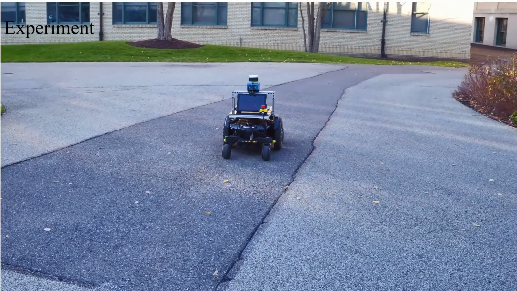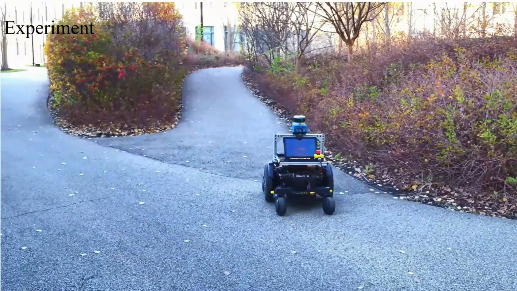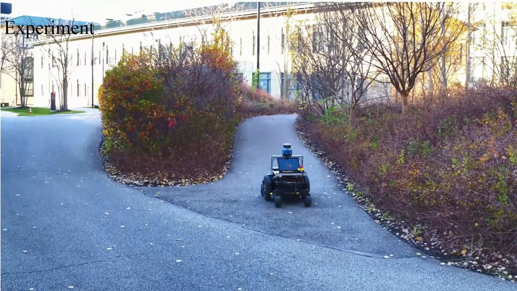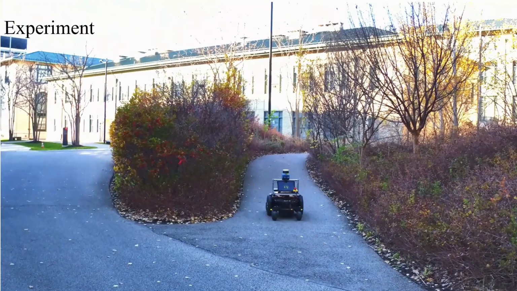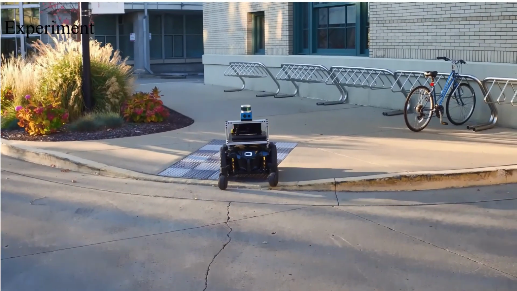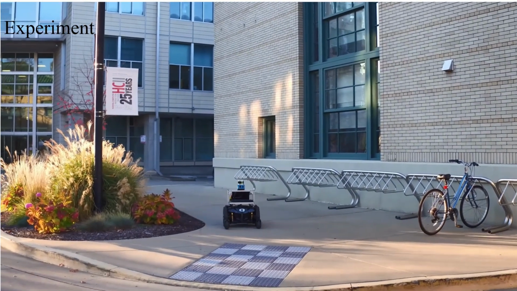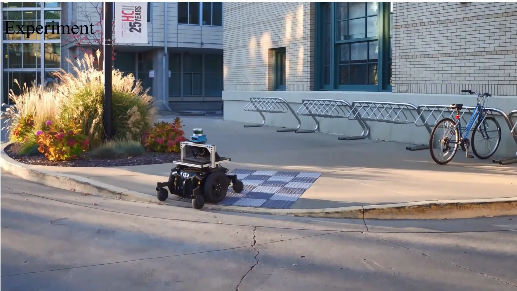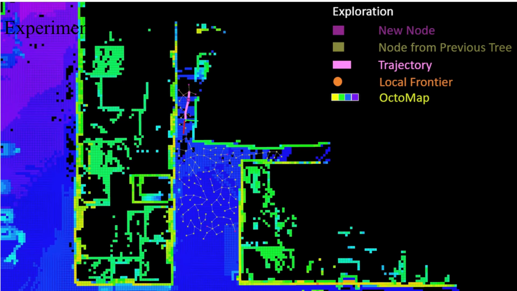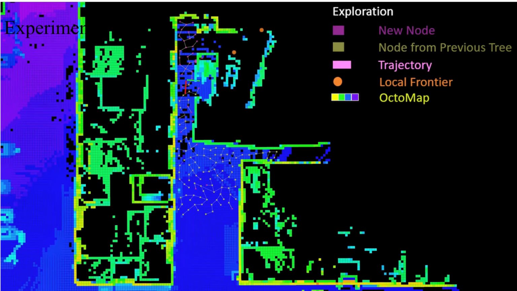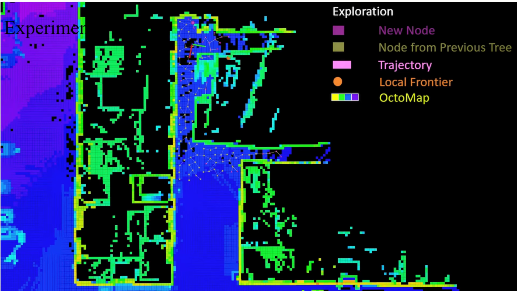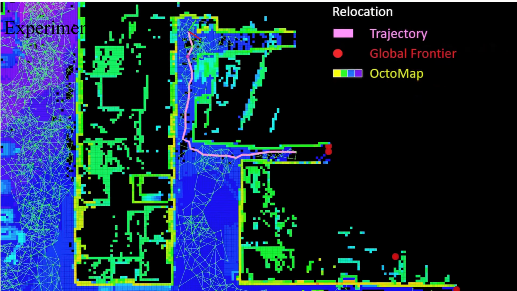Here is a video of our experiment. Here we show the switch between exploration stage and relocation stage, when there is no local frontiers in exploration stage, and then it will switch to the relocation stage by itself.